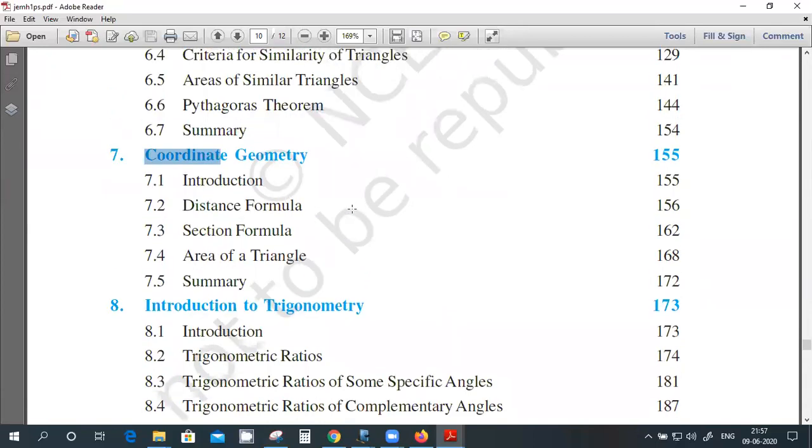Once the base and height are fixed, the triangle is fixed, so the area is fixed. Similarly, when the 3 points are fixed, the triangle and its area are fixed. So in terms of 3 points, I should be able to find the area without finding the base and height.